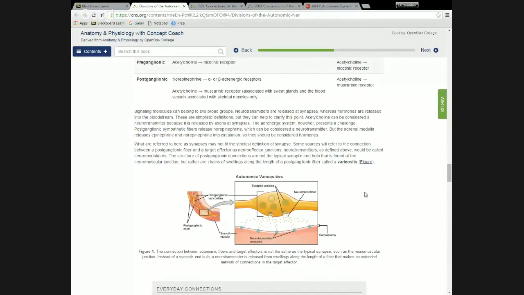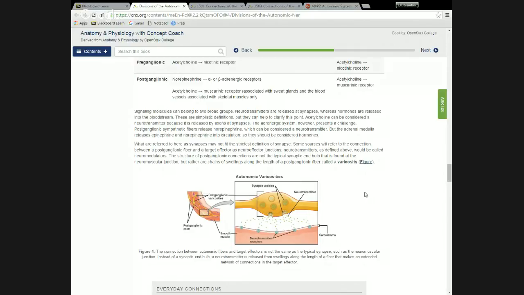Okay, so we have in the central nervous system a neuron whose axon goes out and synapses on another neuron in a ganglion, which then goes out and synapses on a target organ. Okay.